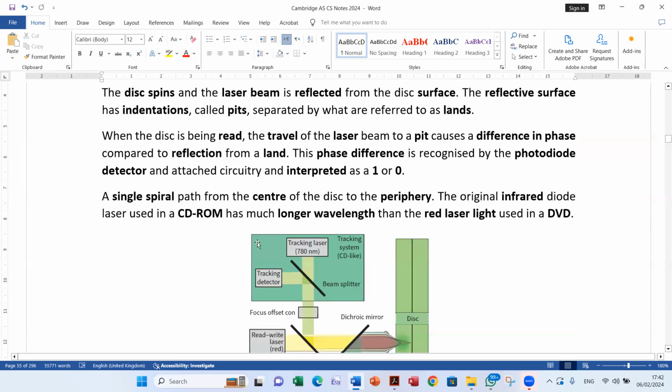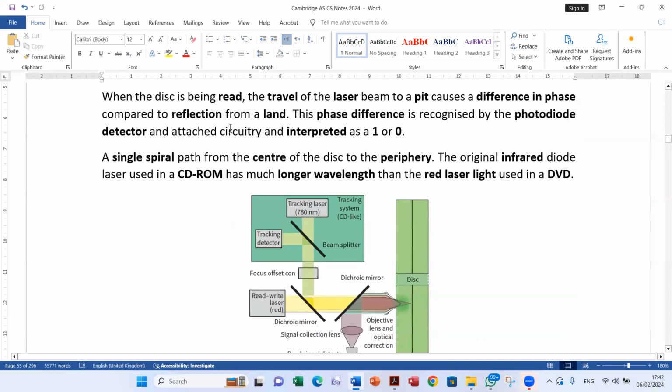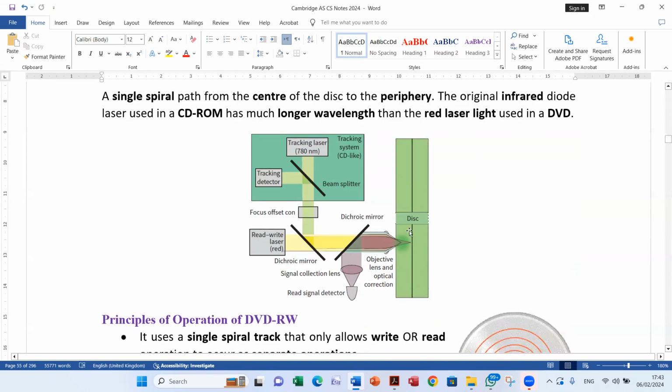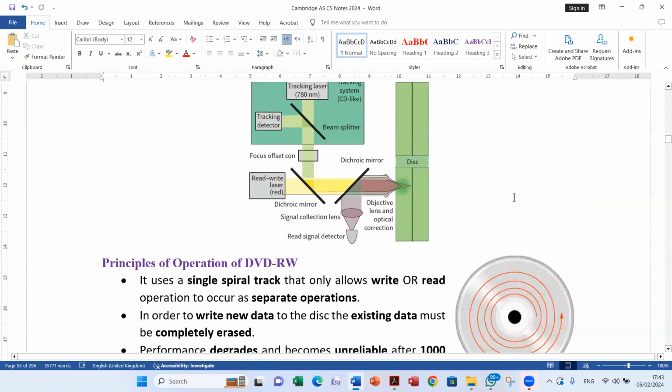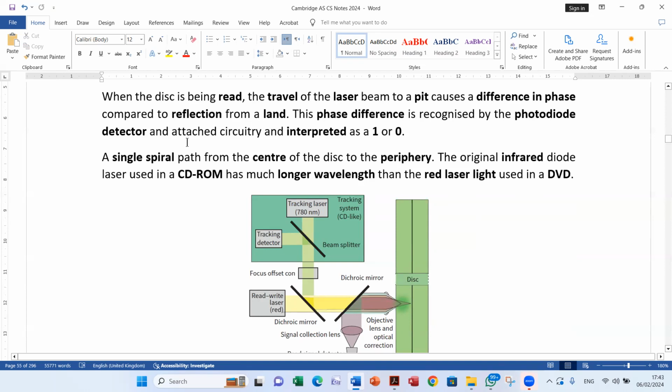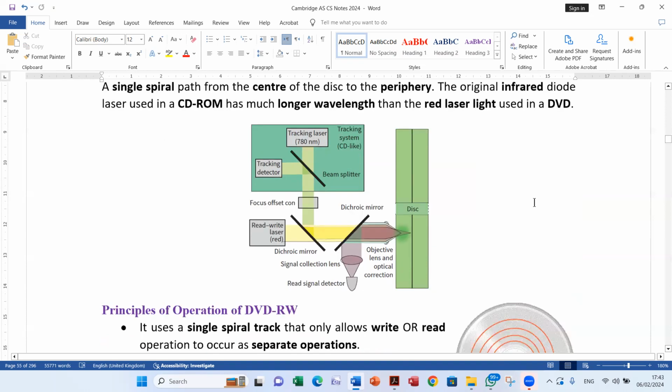The reflective surface has indentations. When the disk is being read, the travel of the laser beam to a pit causes a difference in phase compared to reflection from a land. This phase difference is recognized by a photodiode. You have here a photodiode detector and attached circuitry, and it is interpreted as ones or zeros.